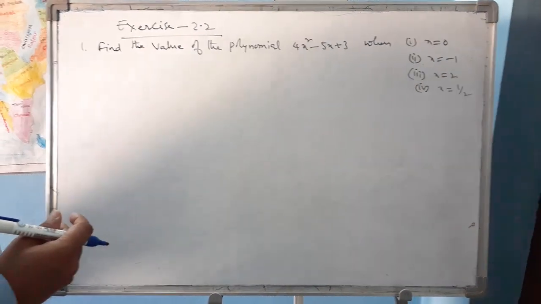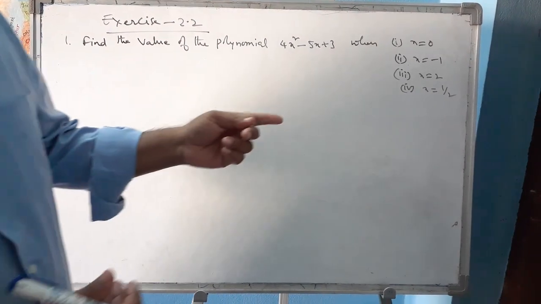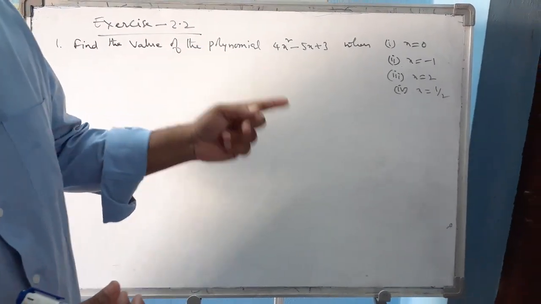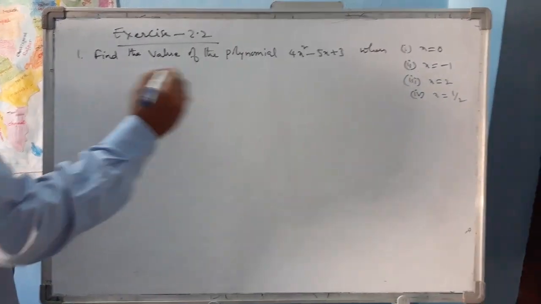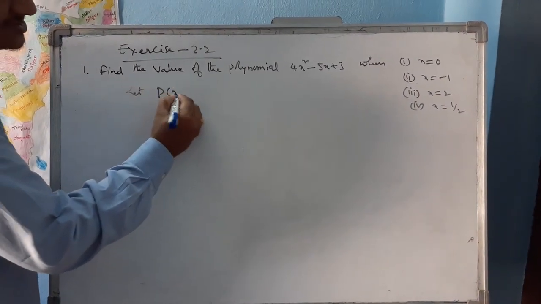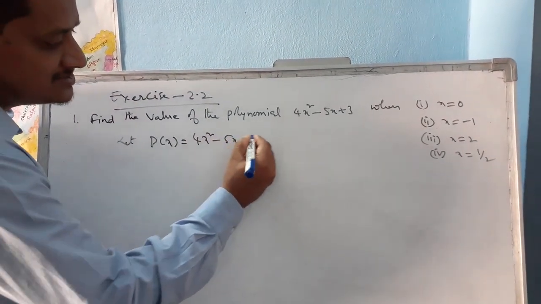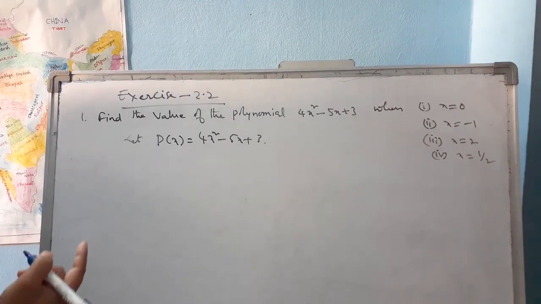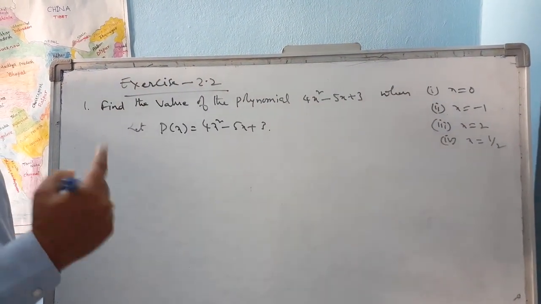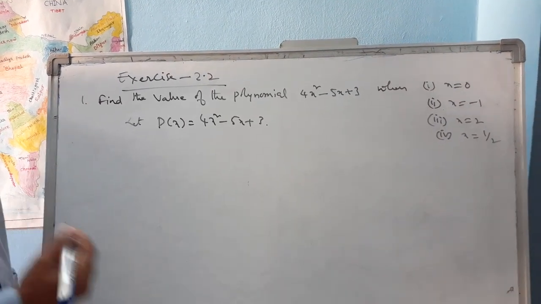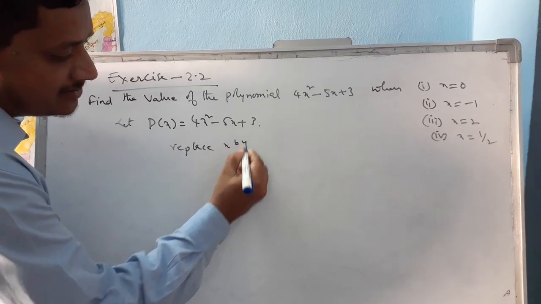Find the value of the polynomial 4x square minus 5x plus 3 when x equal to 0, x equal to minus 1, x equal to 2 and x equal to 1 by 2. Now let p of x be the given polynomial, 4x square minus 5x plus 3. First, find the value at x equal to 0, so replace x by 0.